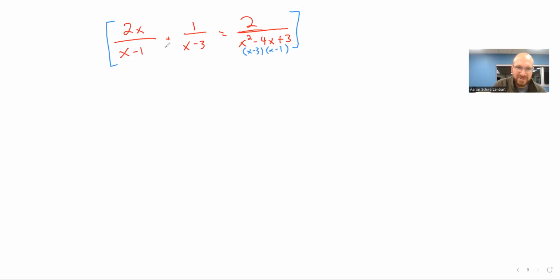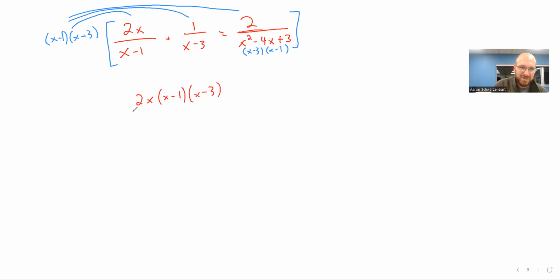My common denominator is x minus 1 times x minus 3. And I'm going to be a little over thorough in writing this out. I'll distribute all of this to all three for this first one, and I'll cut down my writing in the future. So that's 2x times x minus 1 times x minus 3.